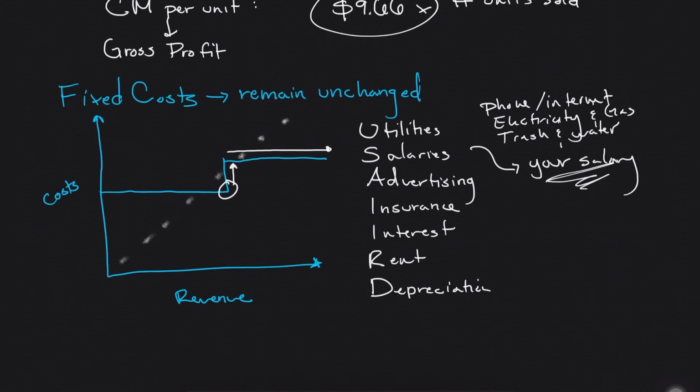Next thing, insurance, really important. From the most basic sense, you're probably going to want to get a general liability policy, but depending upon the type of business you operate, you might need other types of insurances. So you really want to do a lot of research here to figure out the types of insurances that you should be carrying to make sure that you're adequately covered in the event of some kind of issue, whatever that may be.